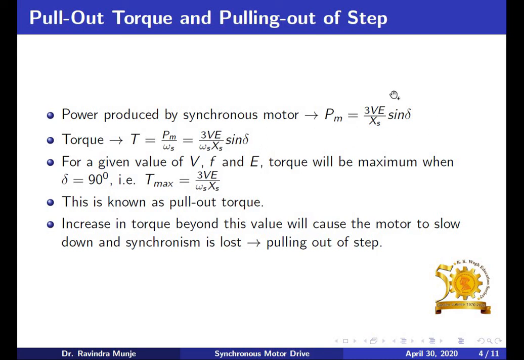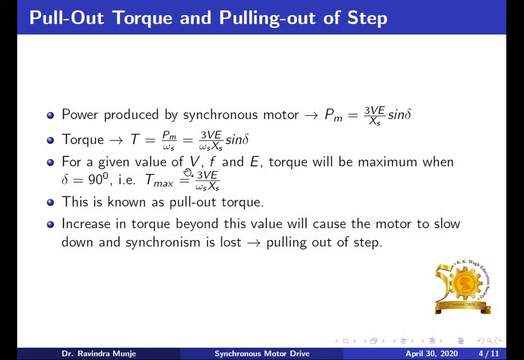From this equation of the power, we get the expression of torque as Pm upon omega s, where omega s is synchronous speed in radian per second, which will be equal to 3 into V into E upon omega s into Xs multiplied by sine delta.